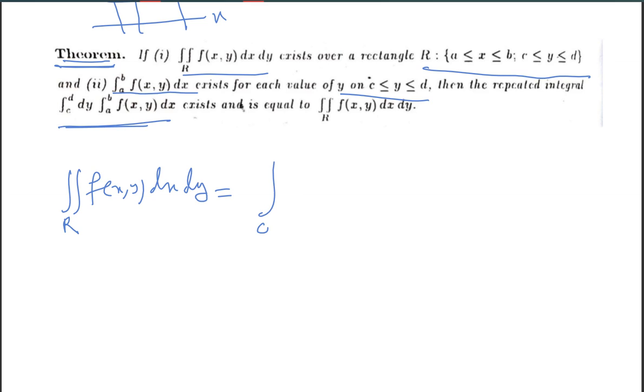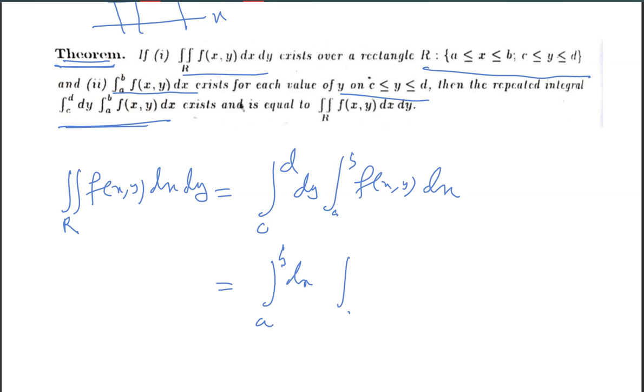This can be written as the integral from c to d dy of the integral from a to b f(x, y) dx, or you can write the integral from a to b dx of the integral from c to d f(x, y) dy, provided both these integrals exist. It is not always true that both integrals will exist and be equal. If both exist and are equal, only in that case can we write this.